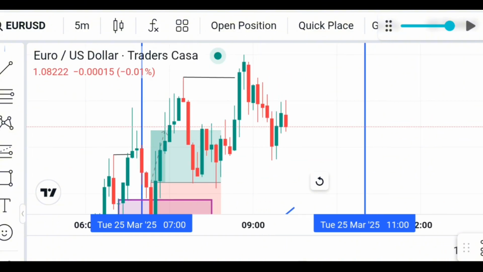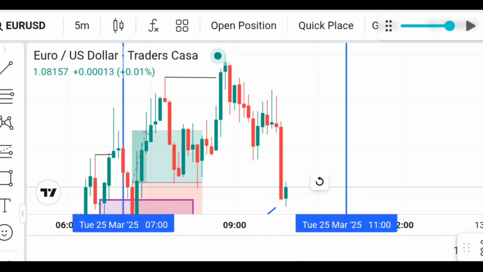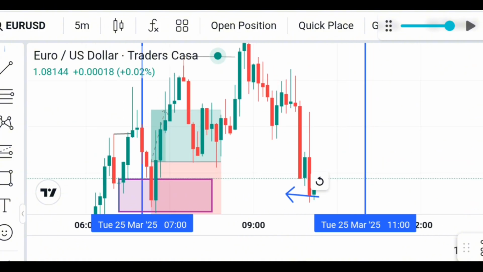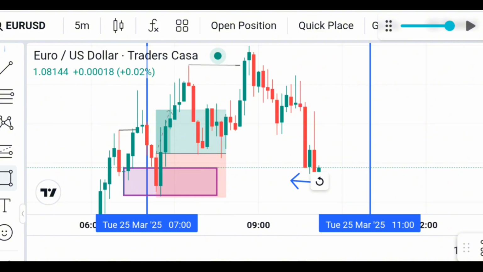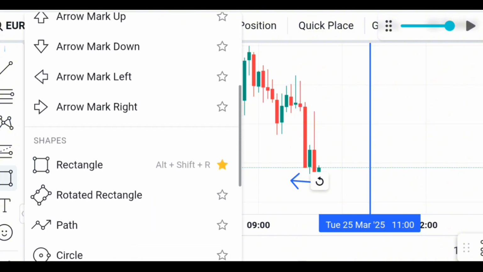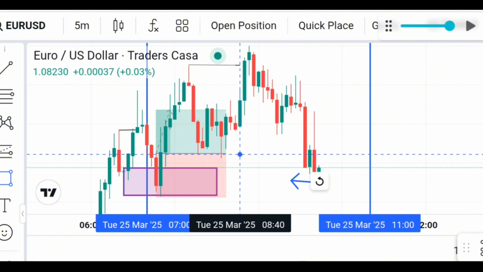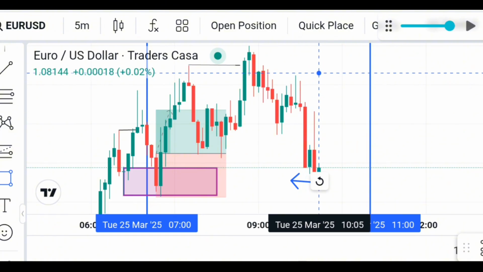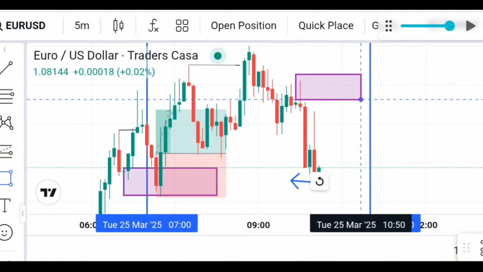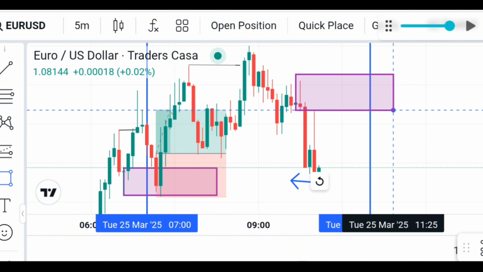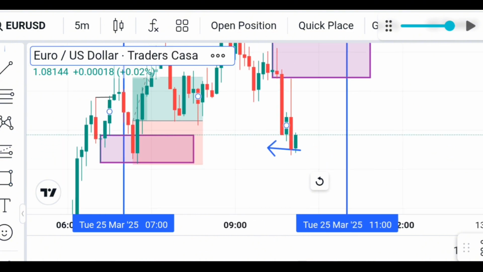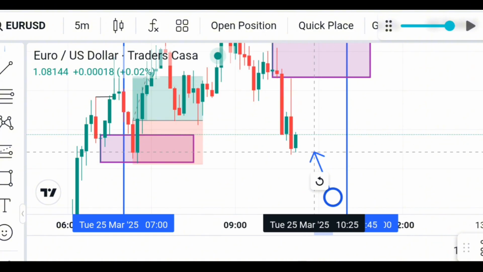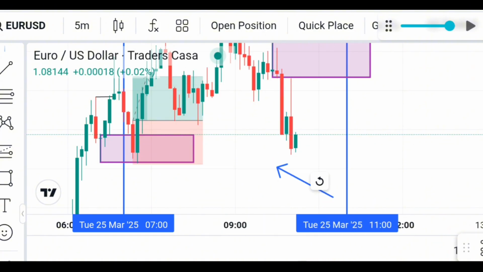So yeah, let's see. Okay, we really had another setup right here. If you observe this low, we really had a change in market character, and then we had this supply order block right here. Okay, and our candle break confirmation hasn't yet been seen.